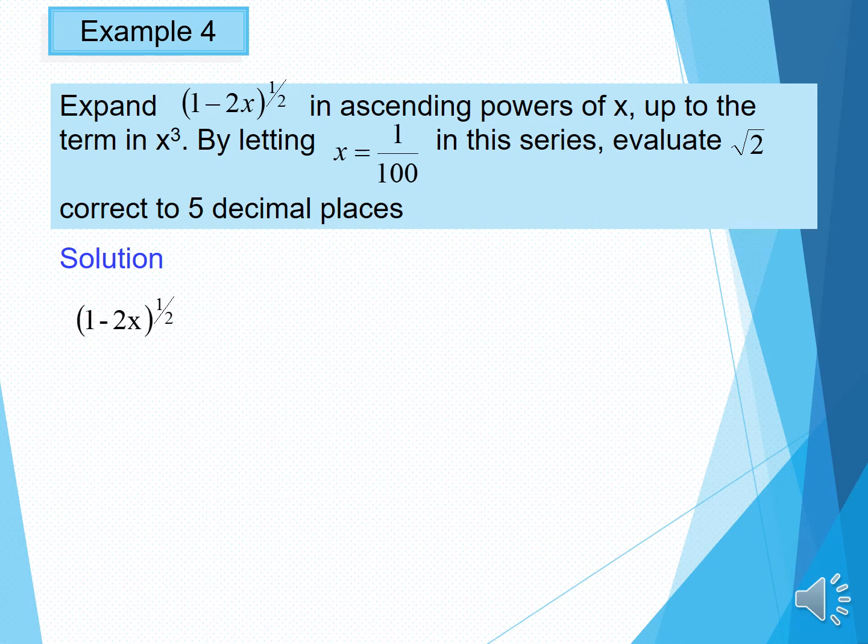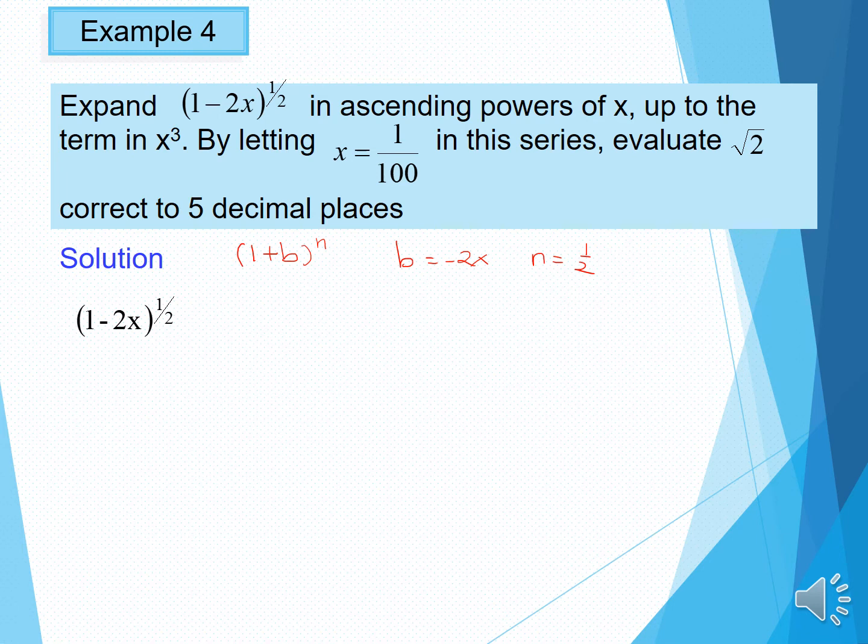(1 - 2x)^(1/2). We compare with (1 + b)^n. b is equal to -2x and n is equal to 1/2.